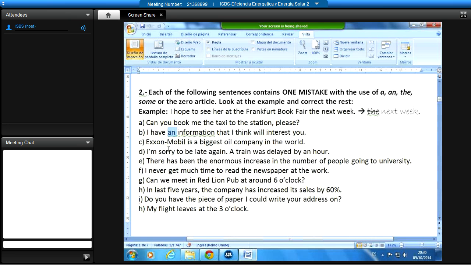For example, I need some advice. Necesito un consejo. You have to say some, not an advice, not an information. For example, noticias, news. You can't say a news, it's some news.